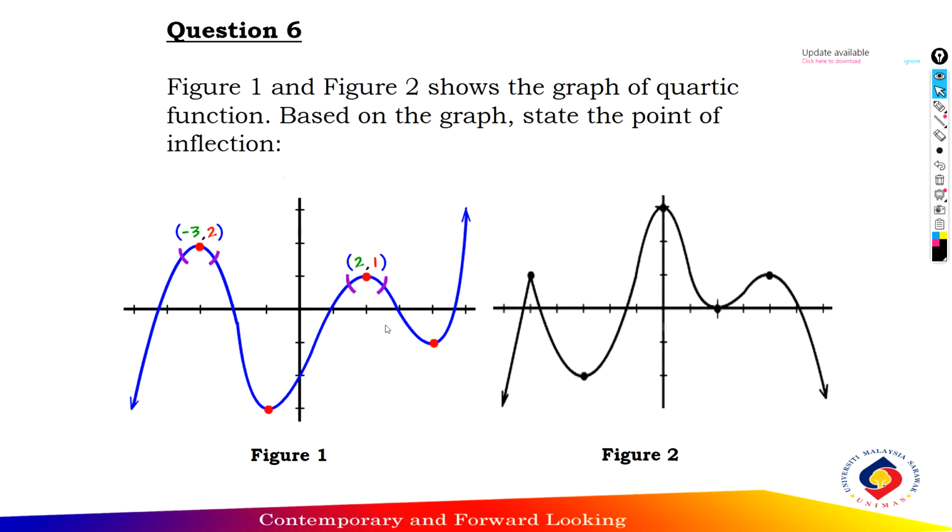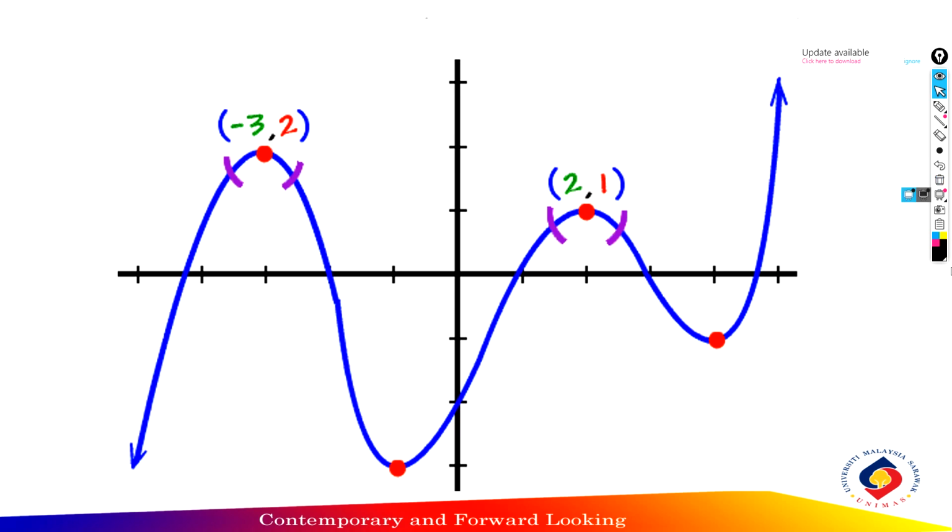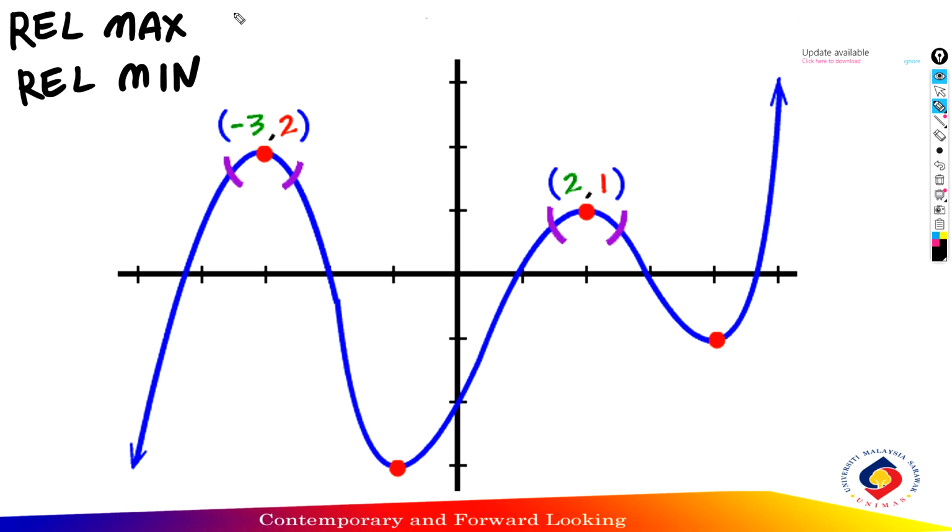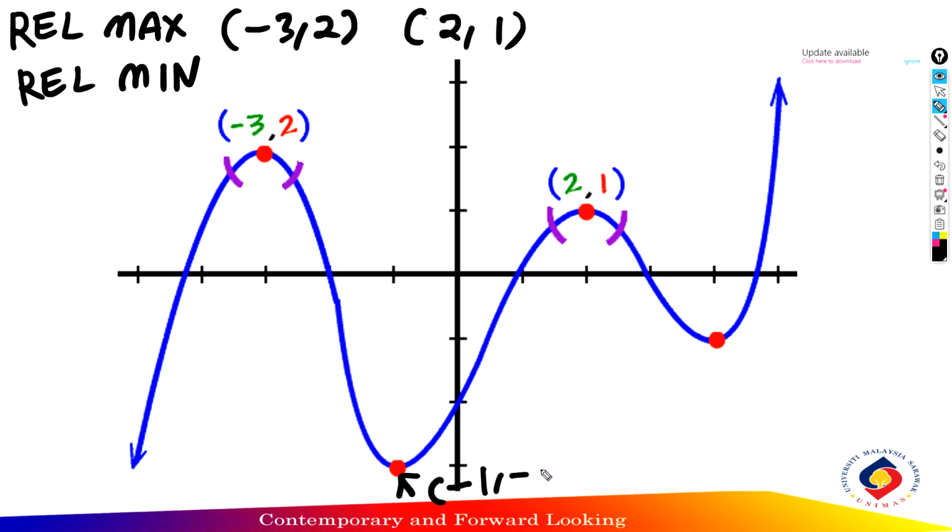The relative minimum points exist at (-1, -3) and the second relative minimum at (4, -1).